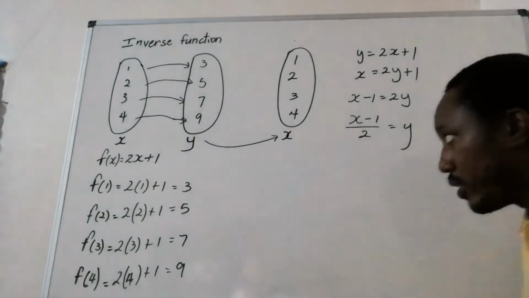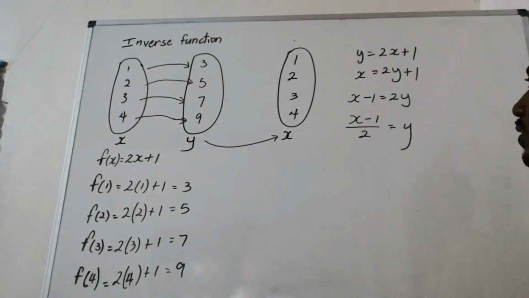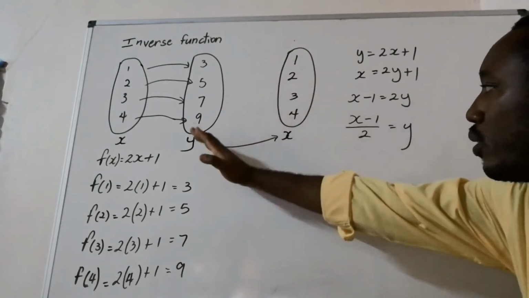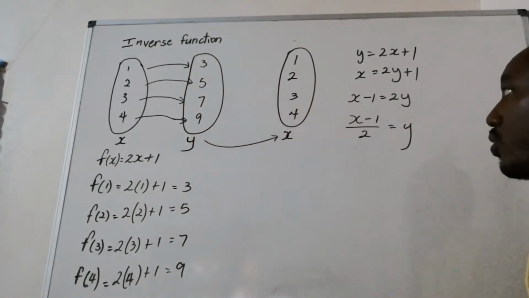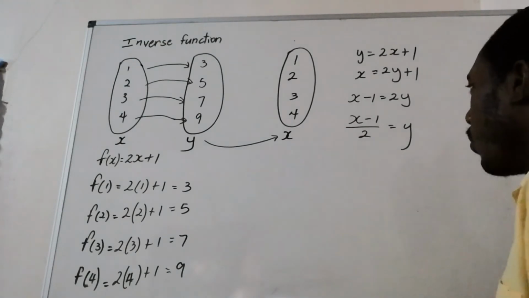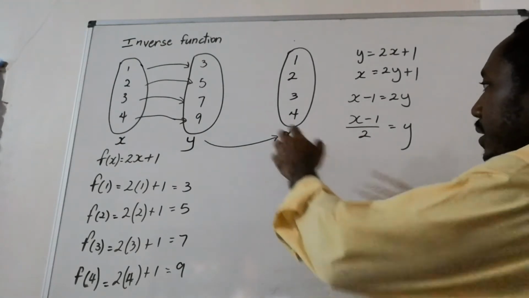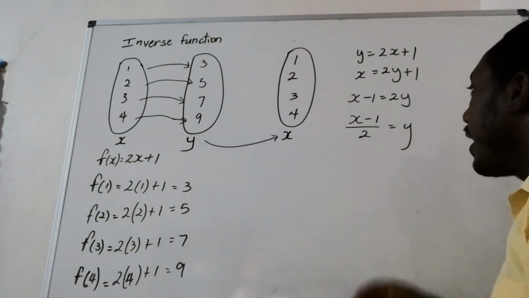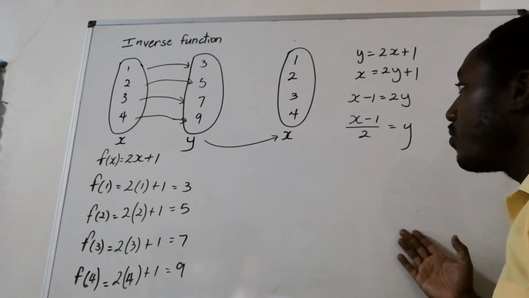So what are the values of this function? The inverse function will map the y values to our original x values. So we will use these values as our input values and our answer as our output values.